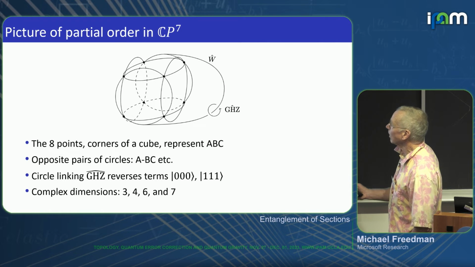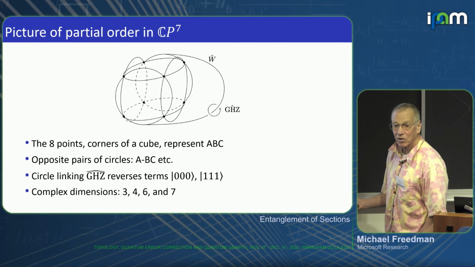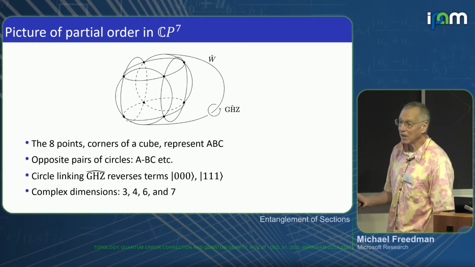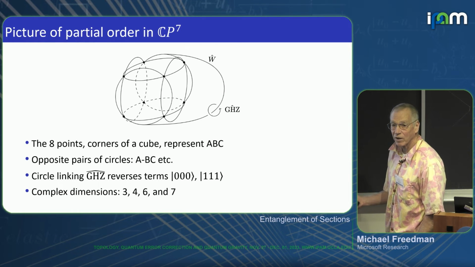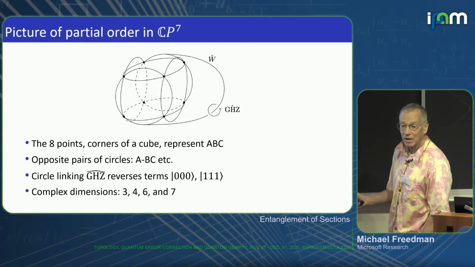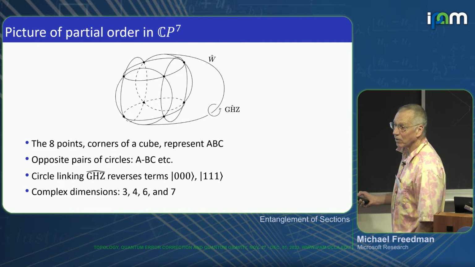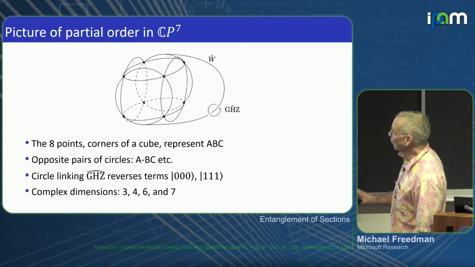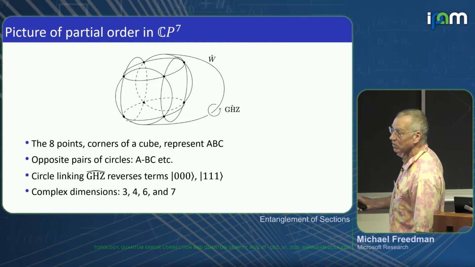So this picture is drawn in CP7, and the 8 points, which you see here as vertices of a cube, the cube is the product of 3 zero spheres, and it represents in the mnemonic here the product of 3 Bloch spheres. And that's exactly what you have projectively for the simple vectors in C2 cubed. And then if you look at opposite pairs of circles, there are 3 opposite pairs of circles.